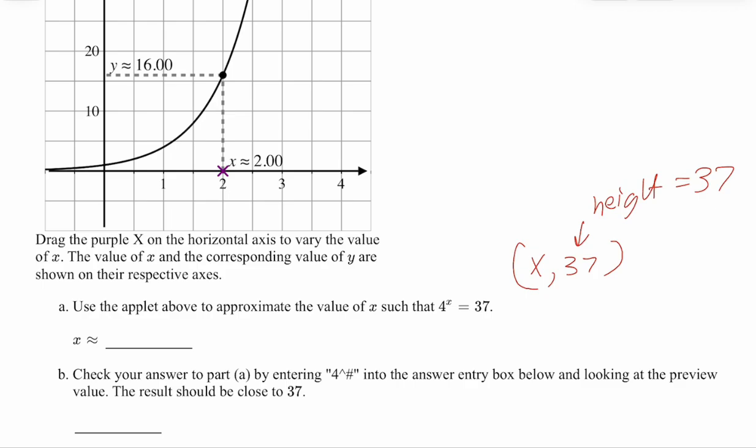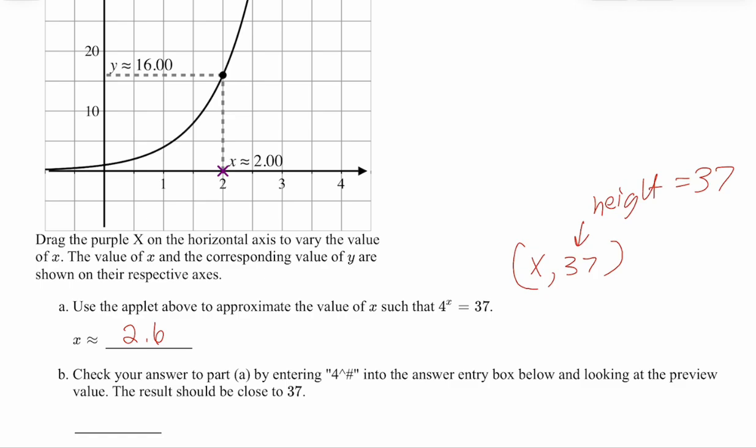So look for a height of 37. Can somebody tell me what their x was? 2.6. I think they'll probably accept that, 2.6.